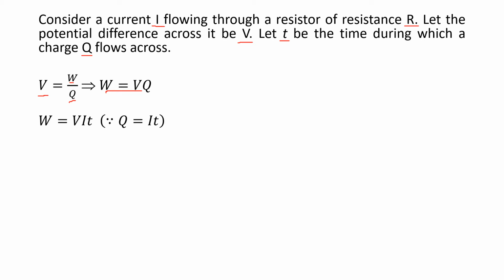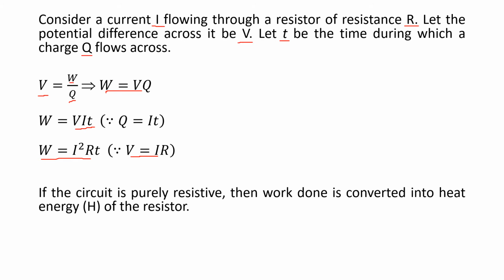So we can write W equal to VIT. The work done is the voltage applied, the current passing for a given time. Once again, replacing the value of V by IR, we have W equal to I square RT. So work done is the square of the current into the resistance into the time.